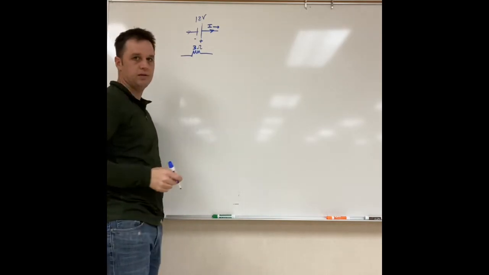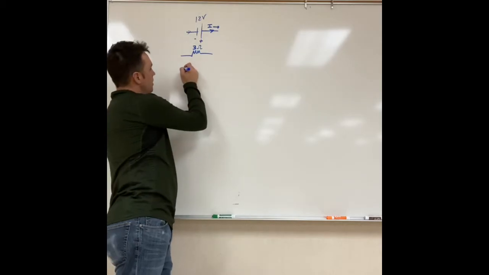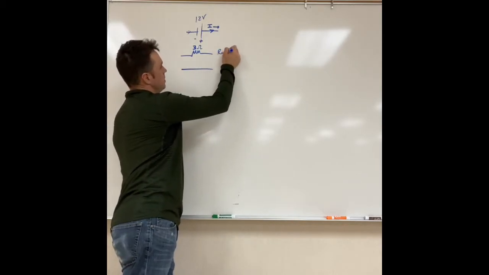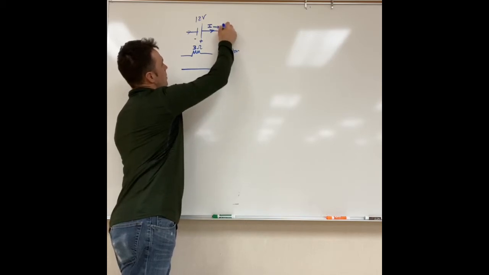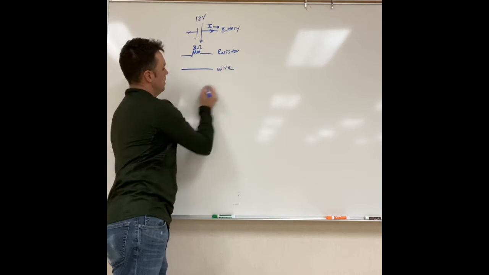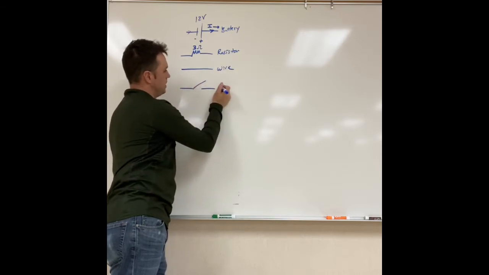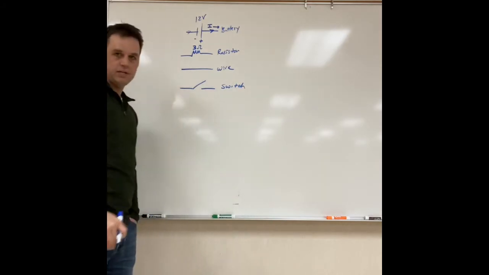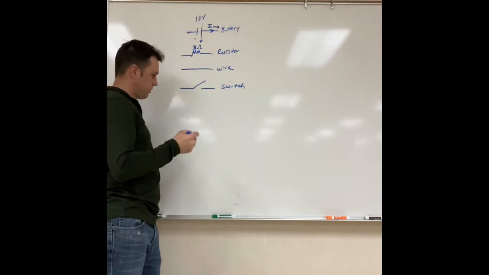And then we can get a few more things. This is just a basic wire. So this was a resistor, battery, a wire. You can probably guess that is a switch. And that's what we're going to need to make most of our drawings for circuits.